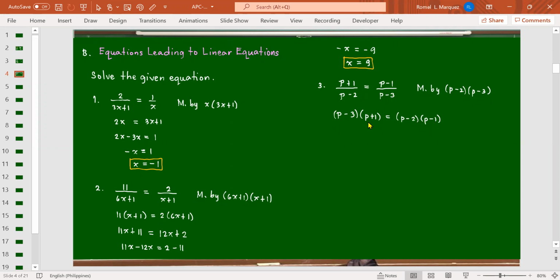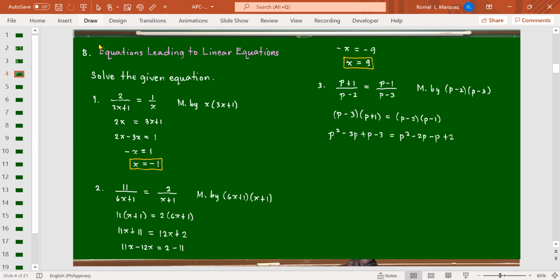So on the right side, the product of two binomials. Expanding, we have p squared minus 3p plus p minus 3. On the right side, we have p squared minus 2p, and then minus p, then plus 2.